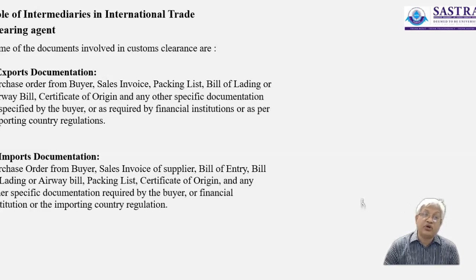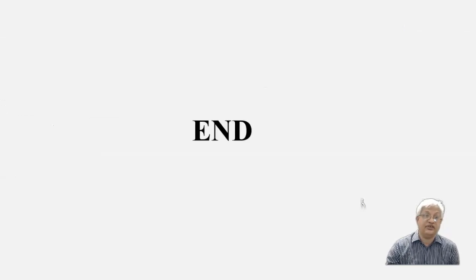The documents involved in customs clearance for imports are the purchase order from the buyer, the sales invoice of the supplier, the bill of entry, we have discussed this already, bill of lading, obviously, packing list, certificate of origin, and any other specific document required by the buyer or financial institutions of the country. So, these are the important documents that have to be looked into by the clearing agent.